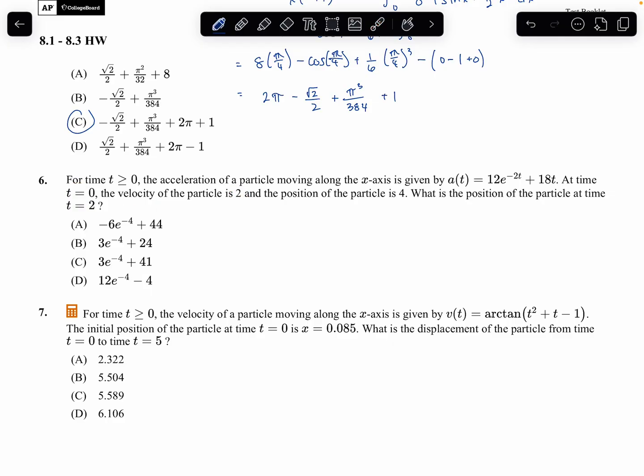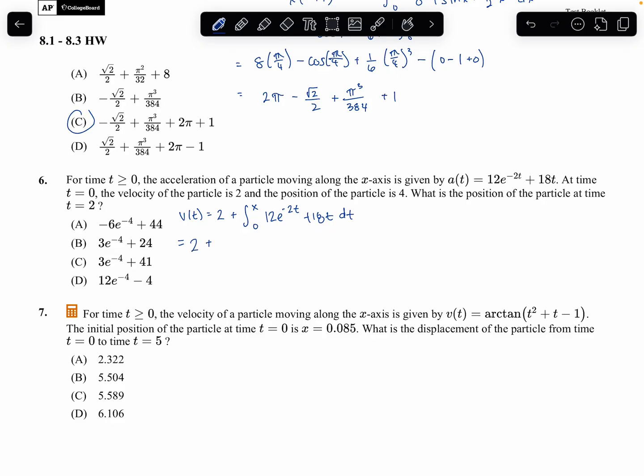Velocity is 2. So v of t is equal to 2 plus the integral from 0, since this is the initial velocity at t equals 0, to x, because we want a function, of 12e to the negative 2t plus 18t dt.